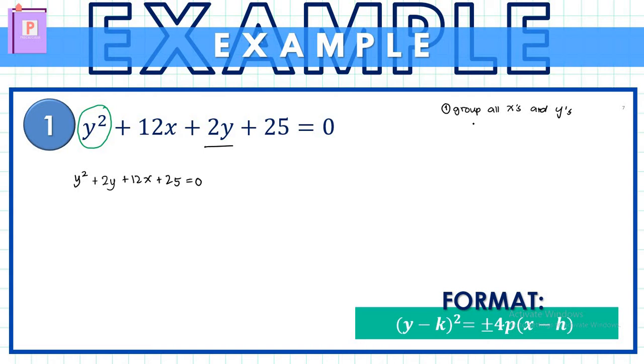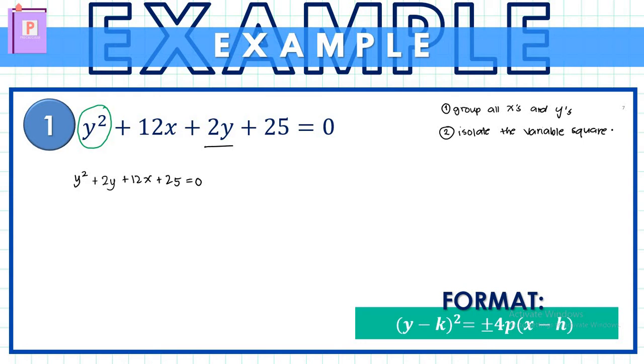So you first group all x's and y's, but definitely you are going to just group either the x's or y's because only one variable is squared. After grouping them, the next step, following the format, is to isolate the variable that is squared.